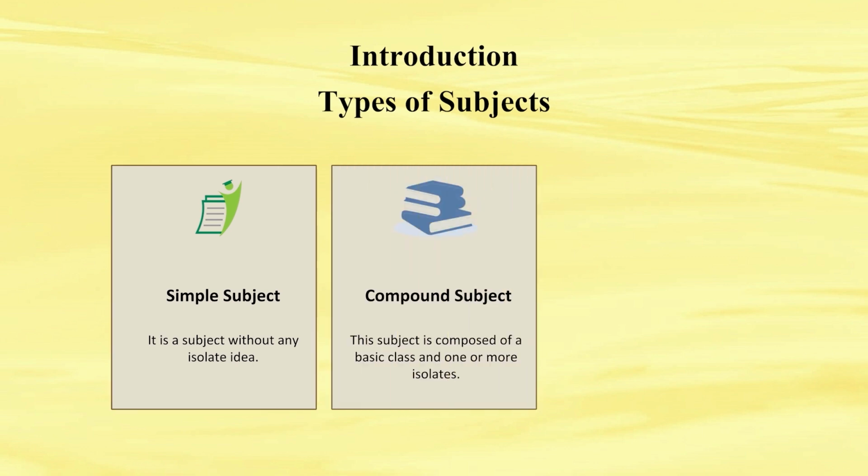Here a main class comes with one or more isolate ideas. As for example, you can say Journal of Sports or Handbook of Library Science. Here journal and handbook are isolate ideas, whereas sports and library science are dedicated as a subject or class in the Dewey Decimal Classification.